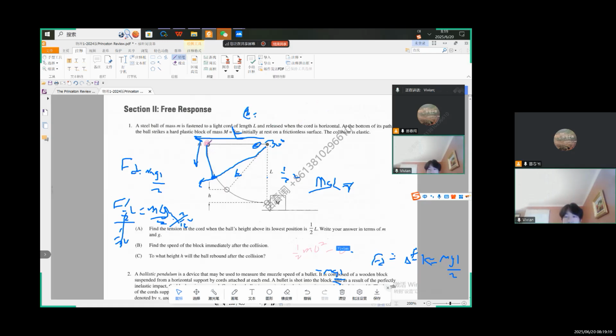That equals GL. I can definitely find my V squared anyway. The M cancels out. V squared equals 2GL.